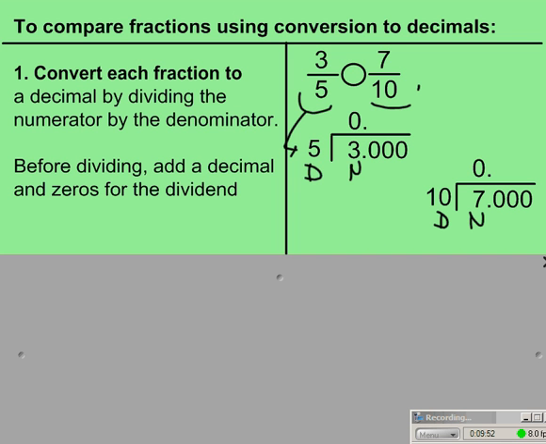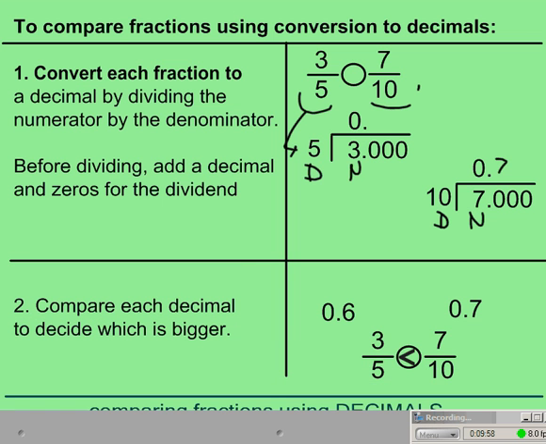And this one you can tell just by the words 7/10 that it would be 0.7. Divide those out. And you will see that this one is 0.6 and 0.7. Look at the two decimals. See which one is larger. You then know 7/10 is larger than 3/5.